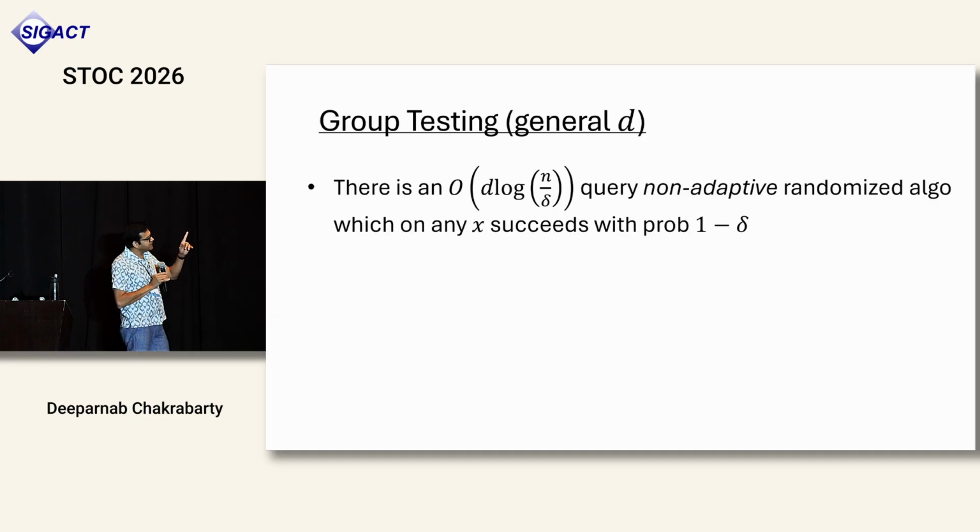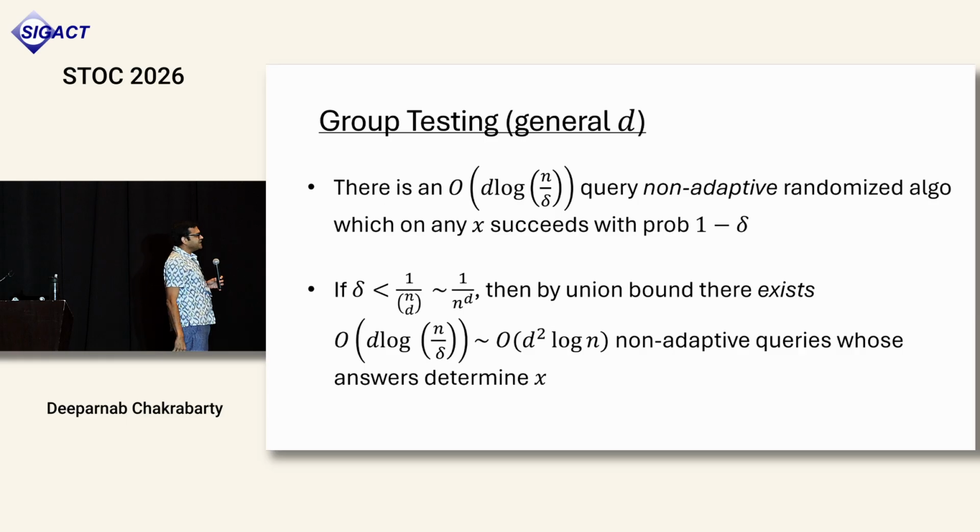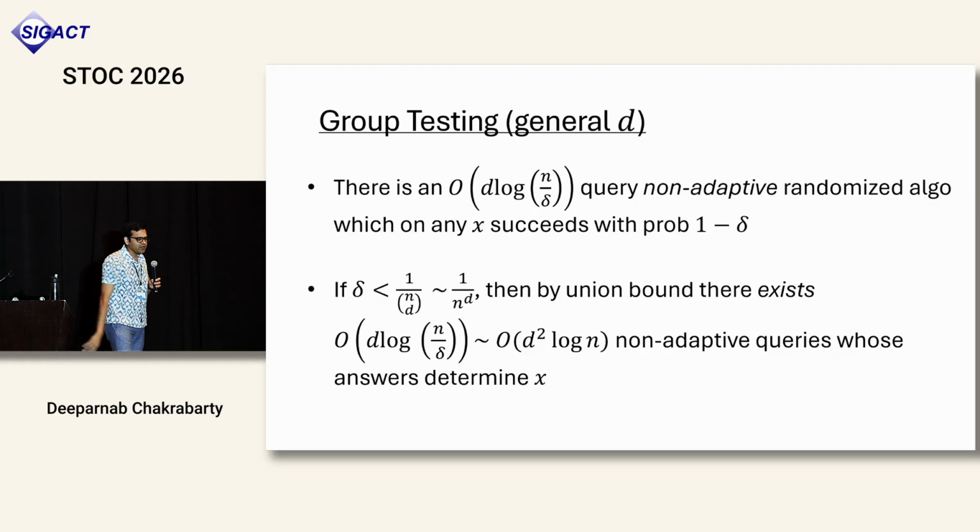Now, how many vectors are there which have at most d 1s? There are only n choose d vectors. So if you bring the error probability delta below 1 by n choose d, then just by union bounding, you can argue that there exists a set of d log n by delta queries, where delta is roughly 1 by n to the d. So around d square log n, there exist d square log n many queries that you can make, so that their answers will determine every x which has at most d 1s.